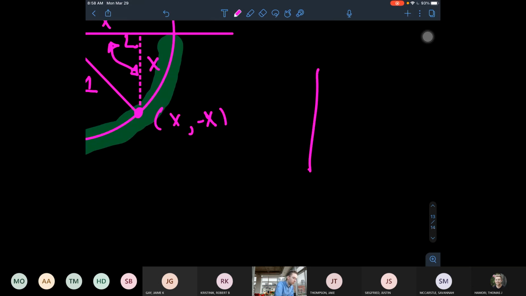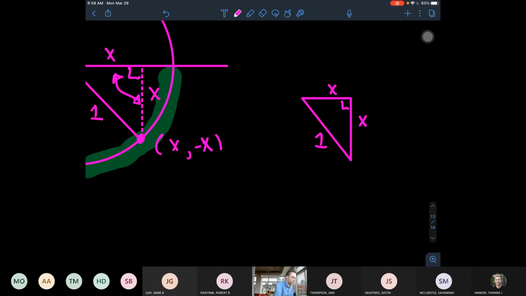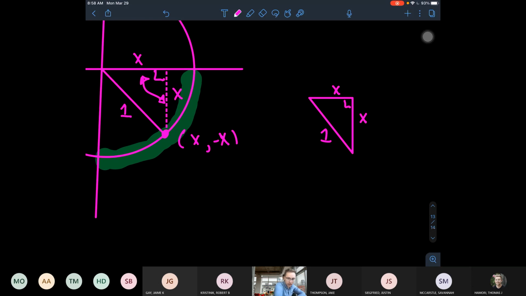Someone tell me what kind of triangle has the property that two of its side lengths are equal? What kind of triangle has this property? That's right, 45, 45, 90 triangle. Got it.